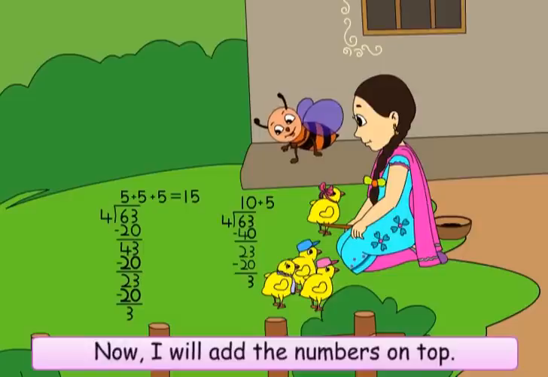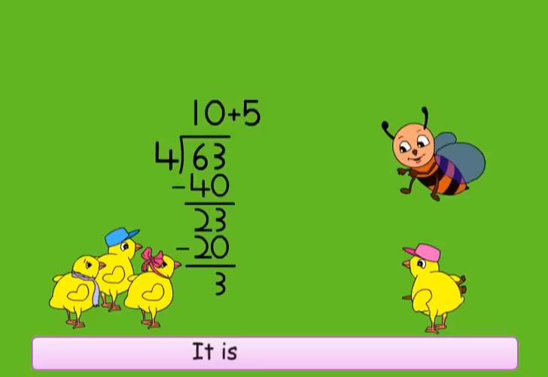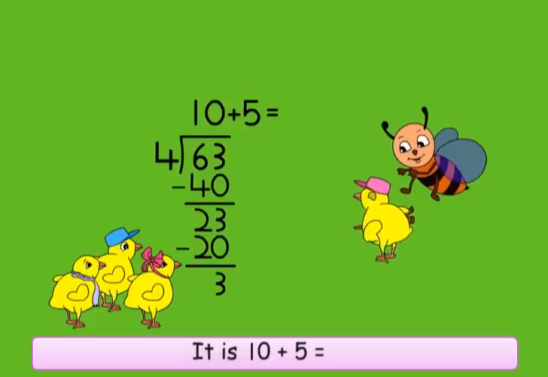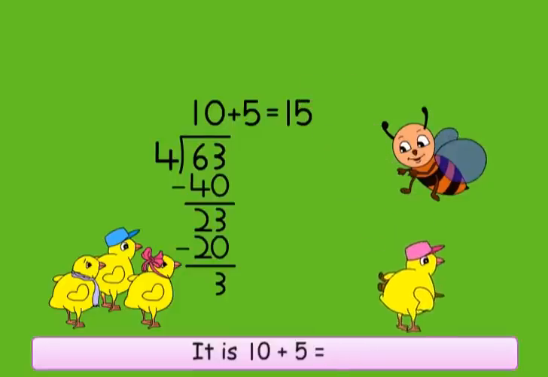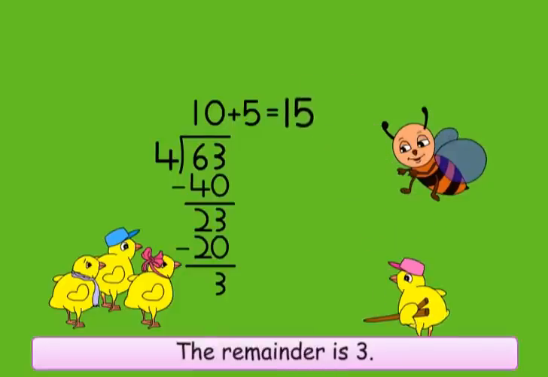Now I will add the numbers on top. It is 10 plus 5 is equal to 15. The remainder is 3.